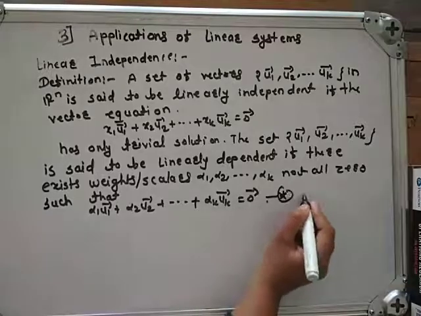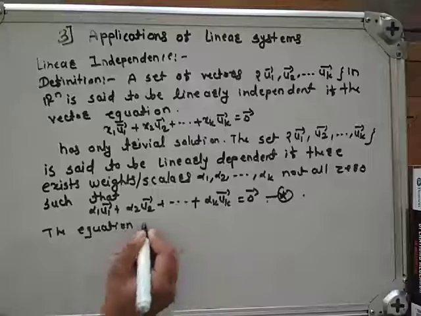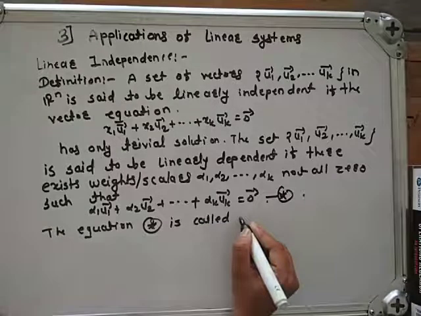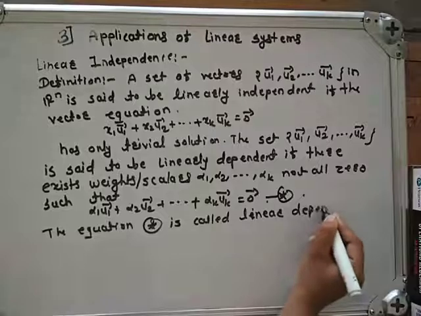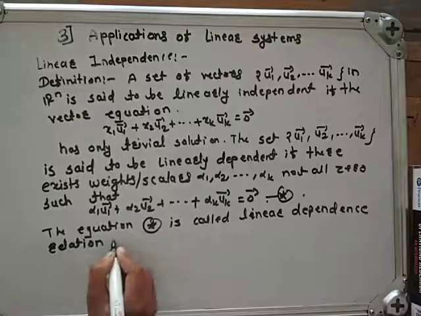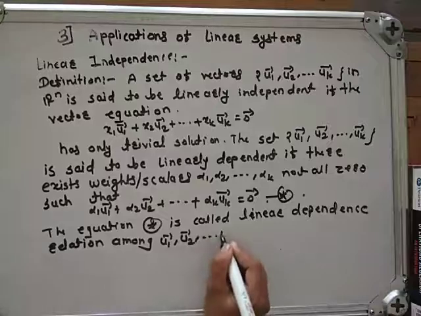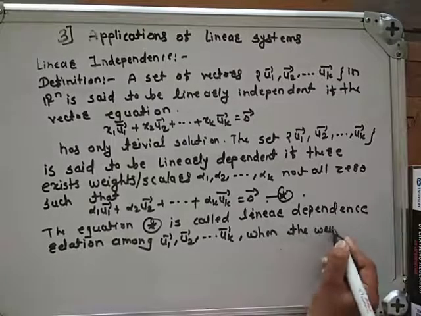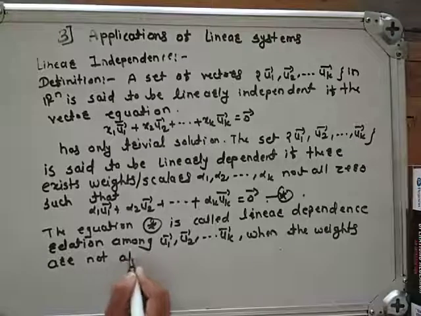So solve this equation. The equation is called the linear dependence relation among u1 bar, u2 bar and so on up to uk bar when the weights are not all zero.